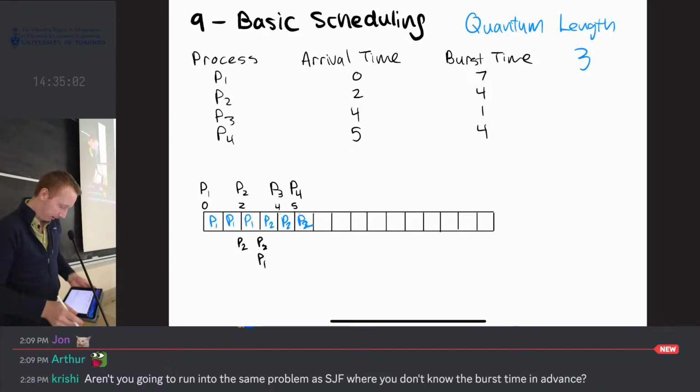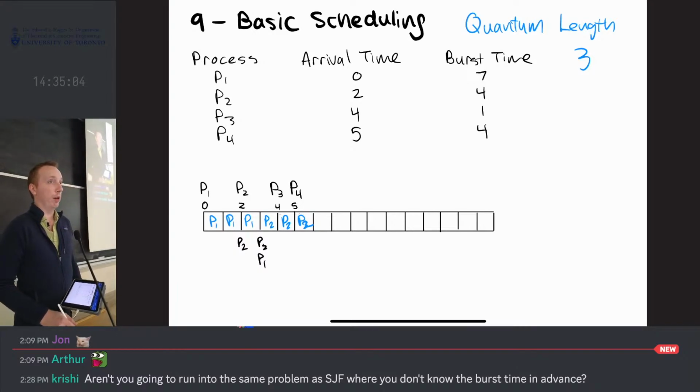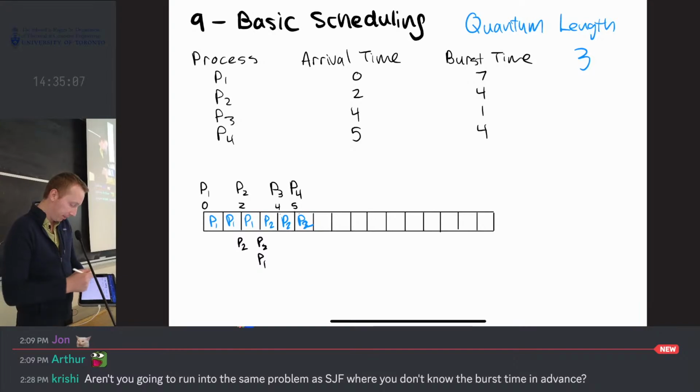And then at time 4, P3 comes in, so P1 would move to the front of the queue because P2 was ahead of it and started executing, so P1 would now be the only thing in the queue. Then at time 4, P3 comes in, so it would be added to the end of the queue. Then at time 5, P4 comes in, so it would go to the end. So our line would look like P1, P3, P4.